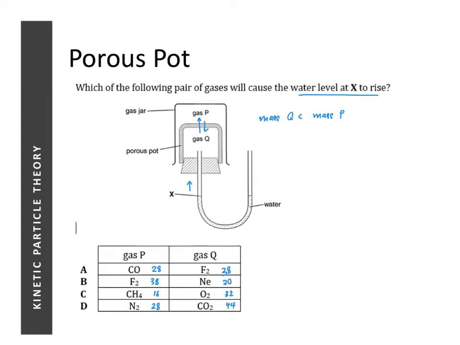Okay, I've written down the masses of the different gases in the options. Now let's look at which one satisfies the condition that was mentioned, where the mass of Q is less than the mass of P. There's only one option that satisfies that, and that is option B.